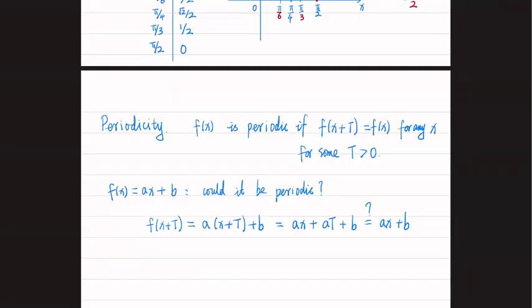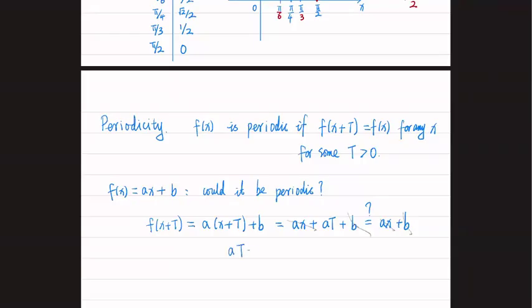If t is equal to 0. But t is greater than 0 for this to be periodic. So first, let me make cancellations. I cancel this term, so we have a simpler formula.